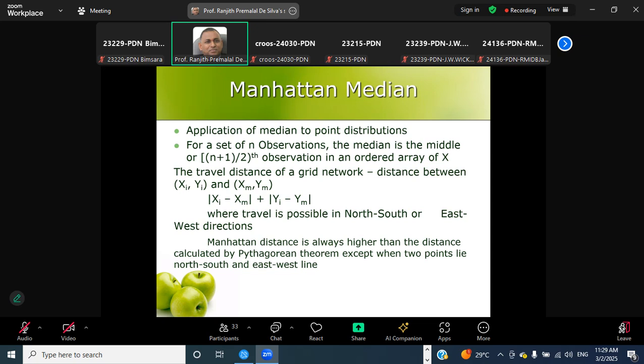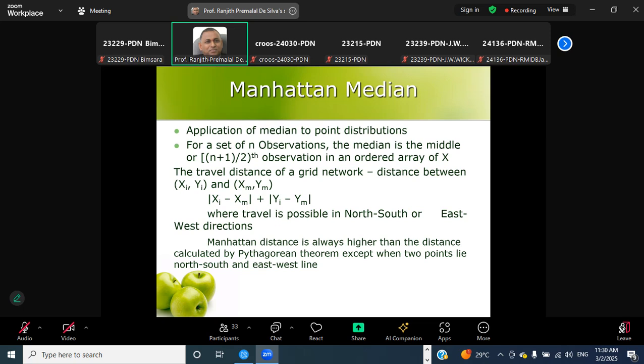Yes, exactly. Now the name Manhattan comes from, if you remember the 9/11 attack in the US, September 11th attack that happened at the Twin Towers. The attack was mainly focused on the Twin Towers, and that area is called Manhattan.